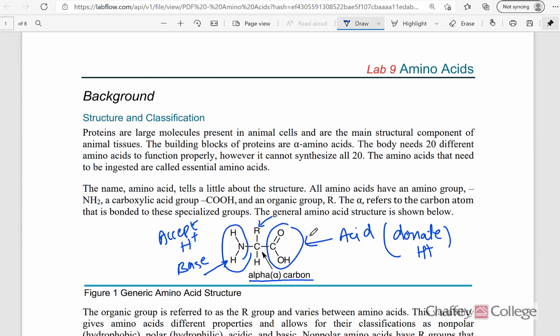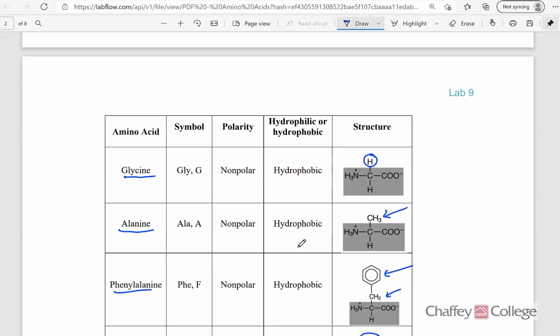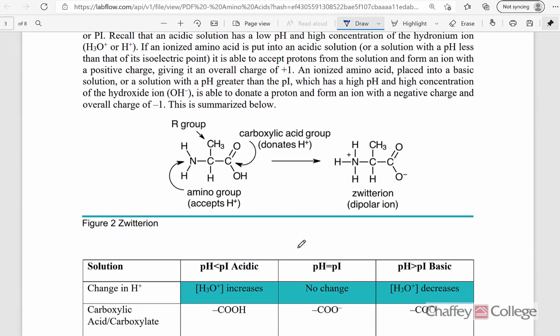Now, because the base group can accept a proton and the acid can donate a proton, amino acids undergo a proton donation process, which is shown here. In this process, the proton from the carboxylic acid is donated to the amine.